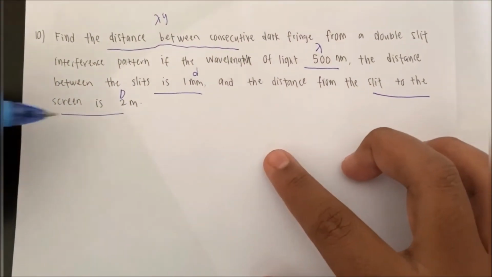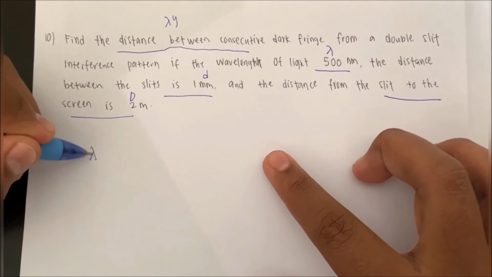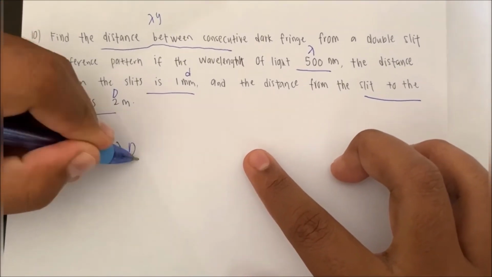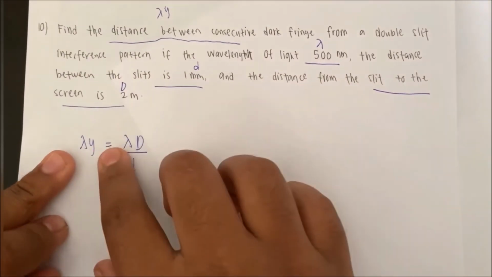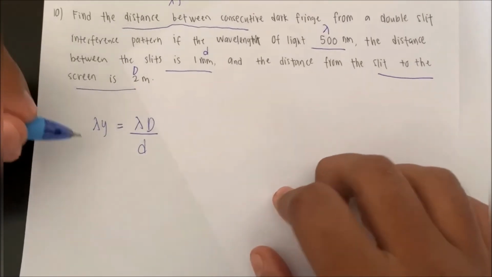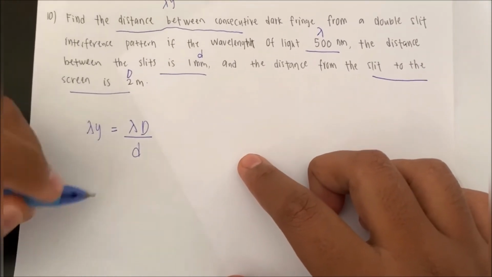So the formula is delta y equal to lambda D over d. So we just need to enter this value and then we get the answer.